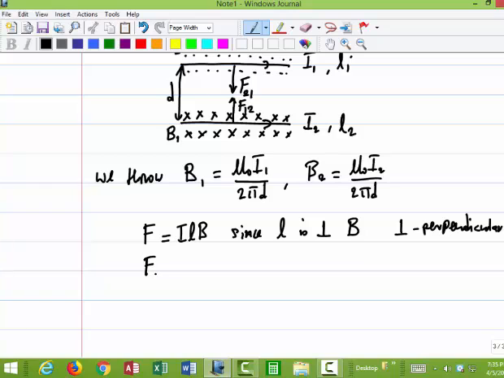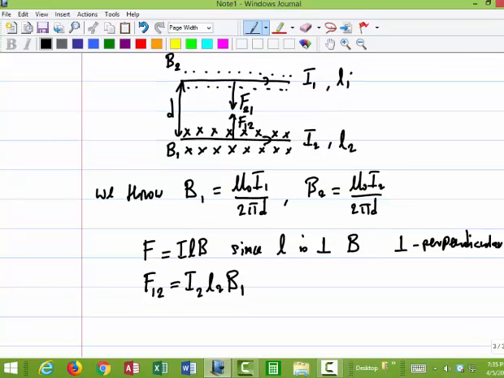So the force of 1 on 2 is equal to the current in 2, length of 2, and the field of 1. Make sure that I got that right. The force of 1 on 2, current in 2, length of 2, and field of 1, that's right.